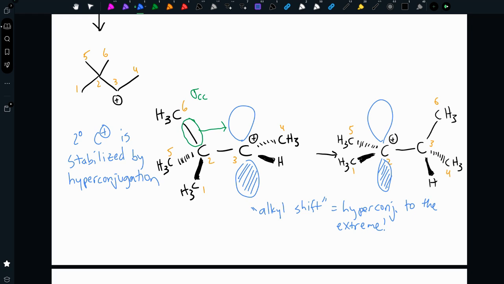What would that look like in terms of curved arrows? What it would look like in terms of curved arrows is I'm going to take the sigma bond between 2 and 6, and I'm going to draw an arrow from that to the carbocation.